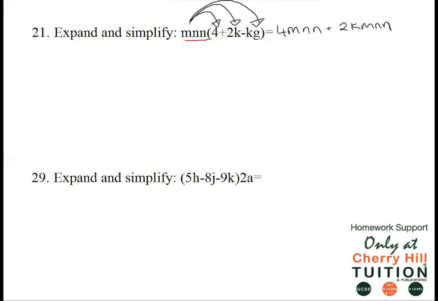We now need to multiply mnn by minus kg. So always remember that the plus or the minus signs always belong to the numbers or letters ahead of it. So this minus here belongs to kg. This plus here belongs to 2k. Okay?